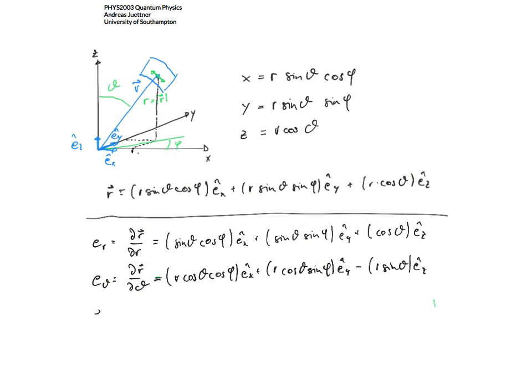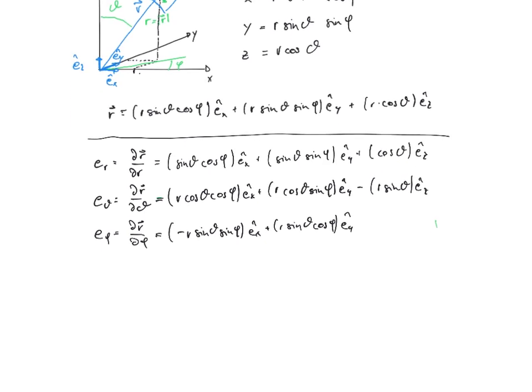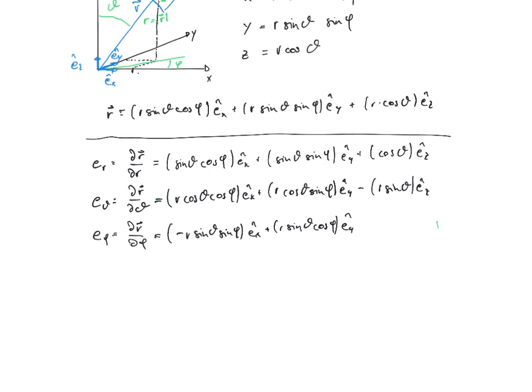Good, and last but not least, we do the same in the phi direction, so d r d phi equals minus r sine theta sine phi e x hat plus r times sine theta cosine phi e y hat, and there is no term depending on the angle phi in the z direction, so there is no contribution from there. Now, I said we're going to leave the normalization till the end, and I'm just going to give it to you.